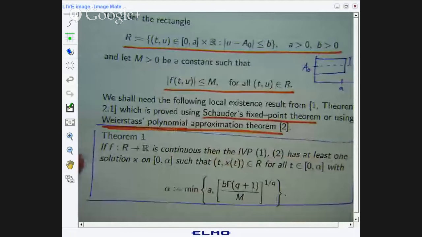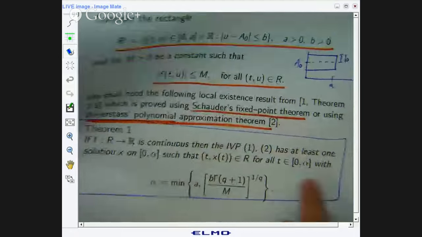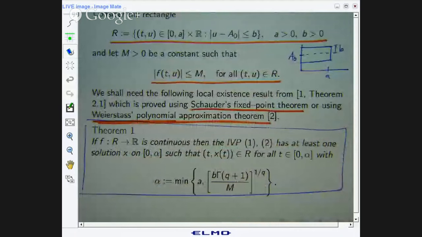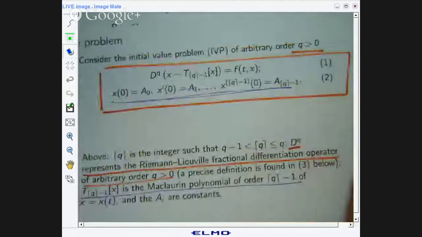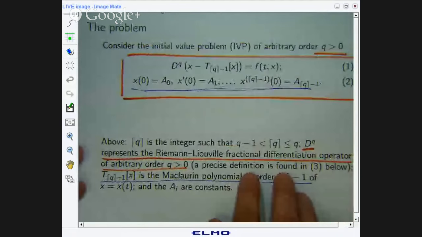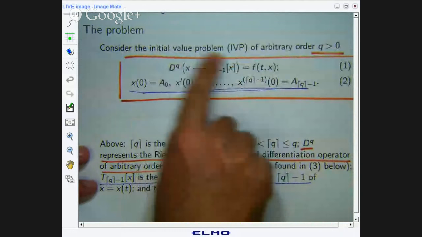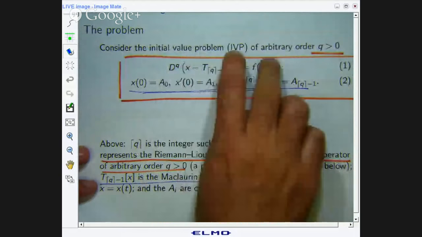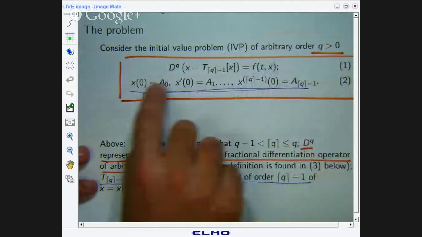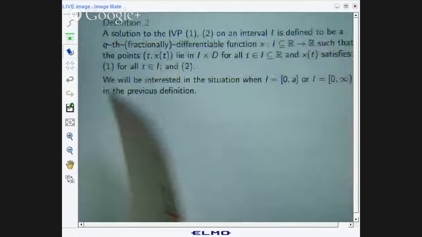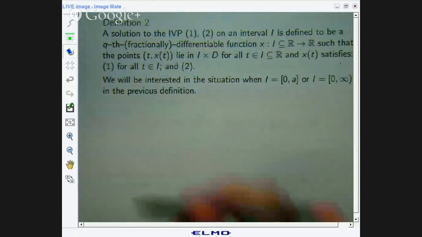All right, so before we get to the main result, what do we actually mean by a solution? Okay, what if I've got a problem like that? What do I mean by a solution? Well, essentially, it's just a function whose left-hand side of this equation is satisfied, the right-hand side satisfied. The two things are equal, and they also satisfy the initial conditions. Now, I've put it in a sort of long-winded definition here.